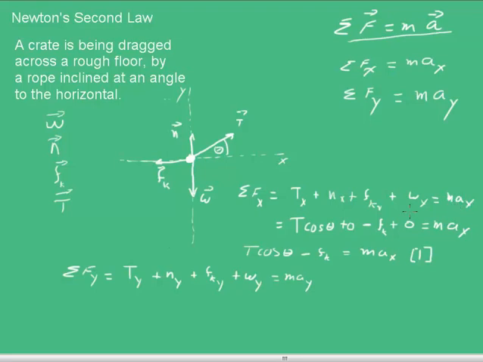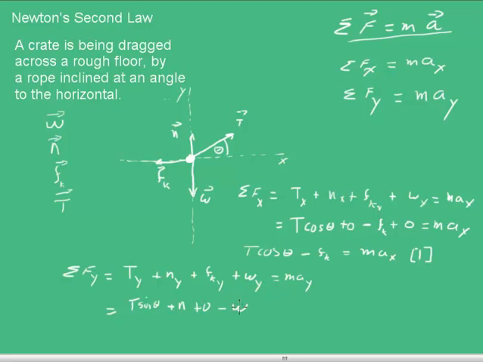Anyway, don't make that mistake. And then we get the values. Now this will be T sine theta, and it's positive because the vertical component points upwards, so make sure you see that. Plus N, that component points upward. The vertical component of this is 0, so we put a 0 there. And the vertical component of this force points downward, so it's minus W, and that's equal to may.